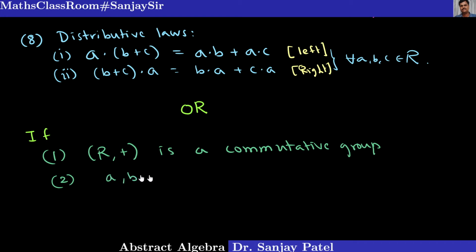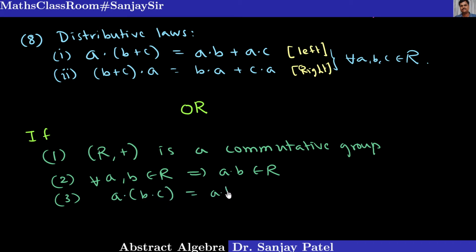For every a, b belongs to R implies a dot b belongs to R, that is the closure for multiplication. Third is (a dot b) dot c is equal to a dot (b dot c), and this is also true for every a, b and c belongs to R.